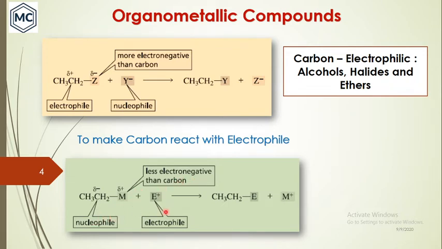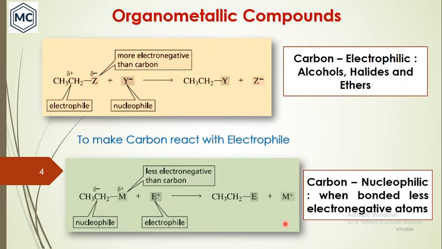In such cases, this carbon can act as a nucleophile and react with electrophiles. So carbon becomes nucleophilic when it is attached to a less electronegative atom than carbon, that is, metals. So it can react with an electrophile and form a product like this.